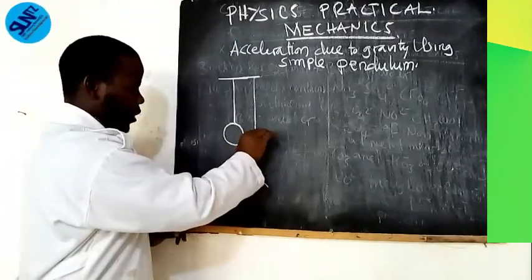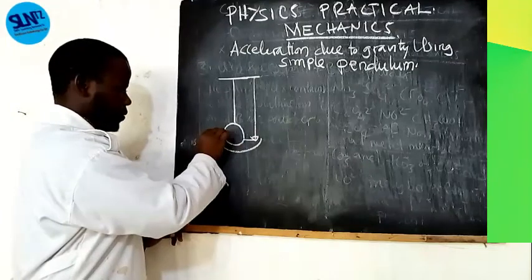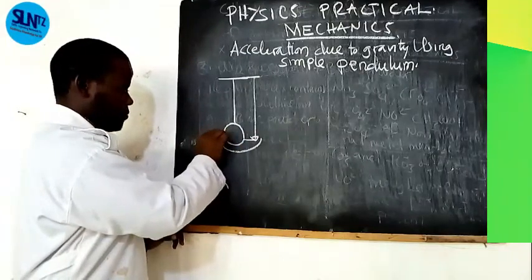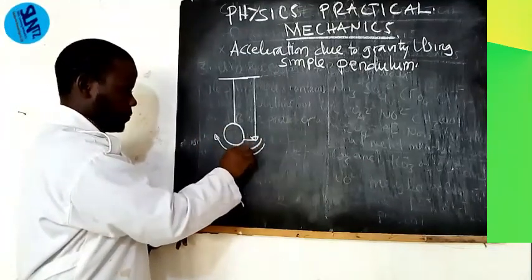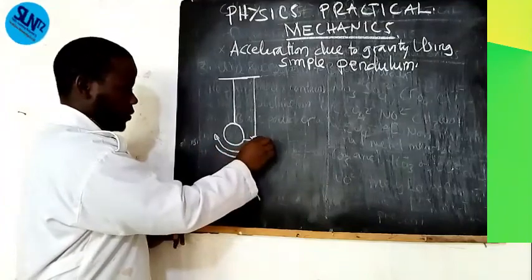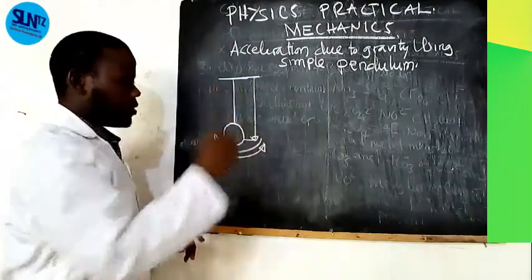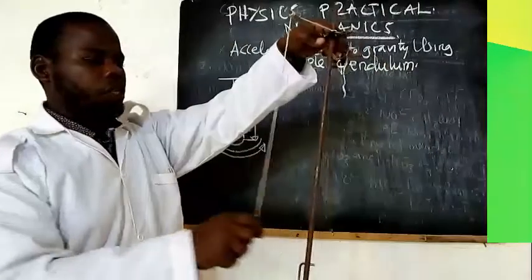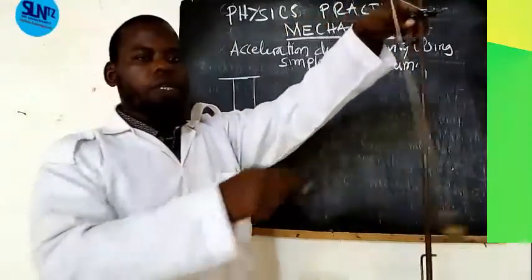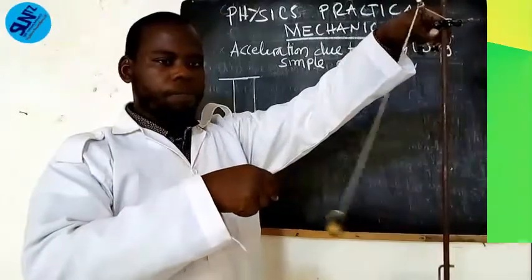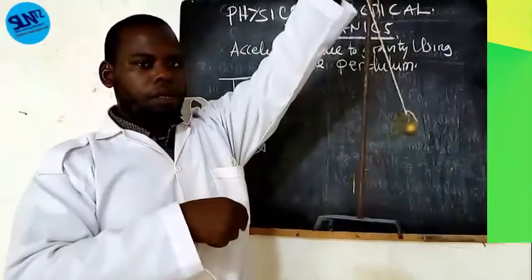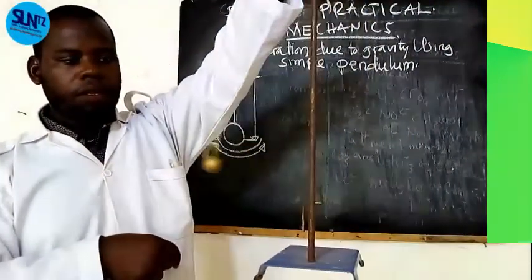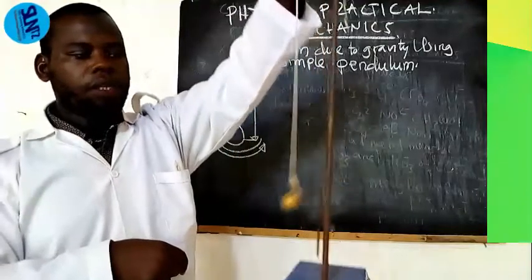Then we are going to make oscillation, movement. It means they will move. They're going to oscillate in a small angle. That is oscillation.